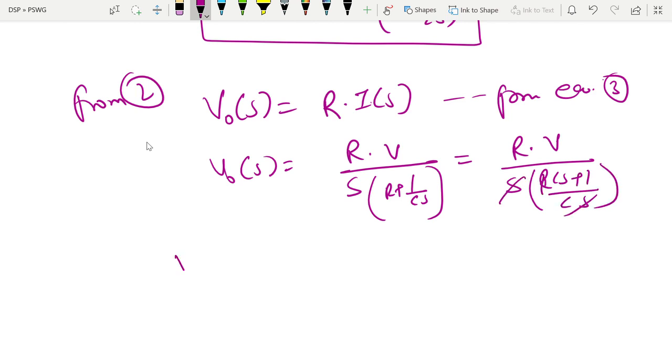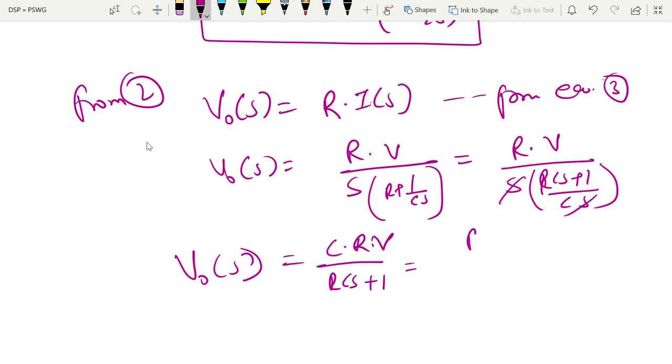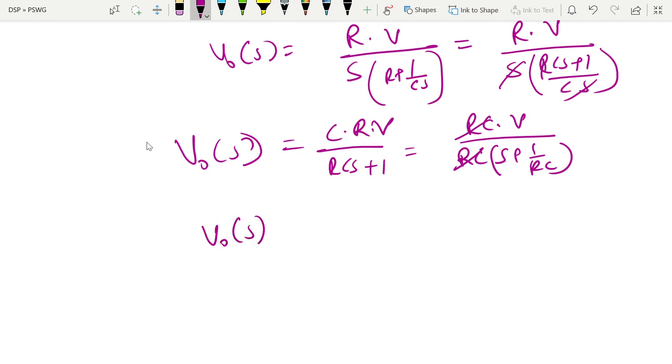So we have Vo(s) equals V divided by, putting this C in the numerator, V RC by RCs plus 1. If RC is taken common in both numerator and denominator, we get s plus 1 by RC. RC will cancel out, and Vo(s) will be V by s plus 1 by RC.